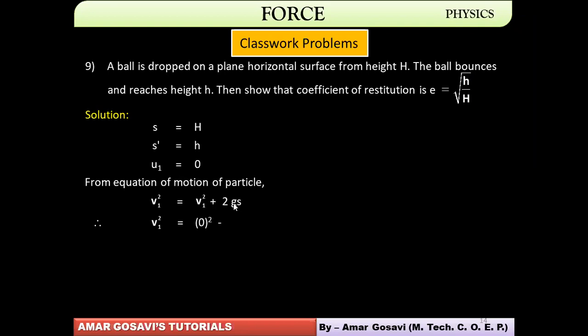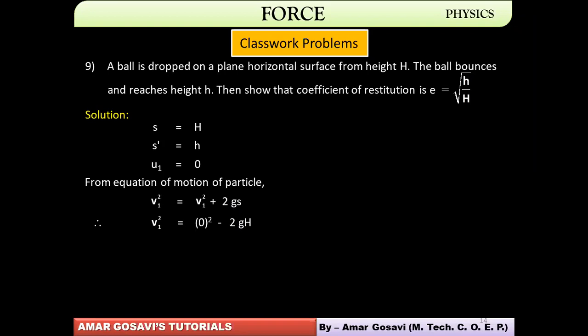Because you are putting acceleration due to gravity, it has to be taken always negative because it is directed towards the center of Earth. Always negative, whether the object is moving up or down, irrespective of that, acceleration due to gravity will always be considered negative. So 2 into g into S, in place of S capital H.